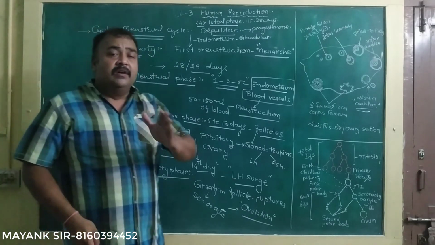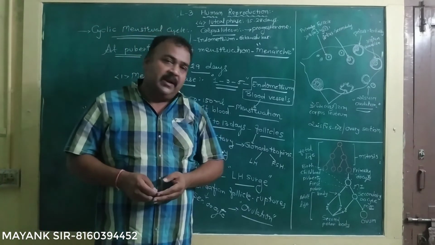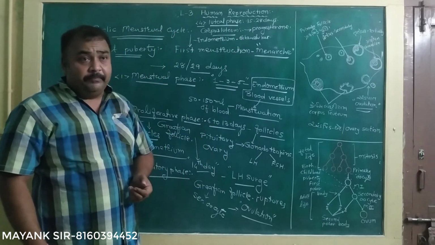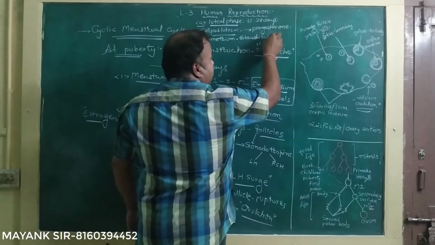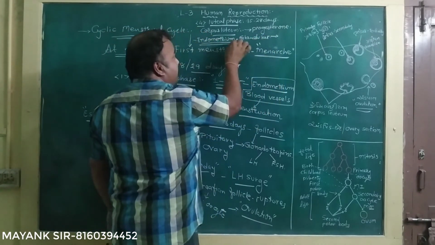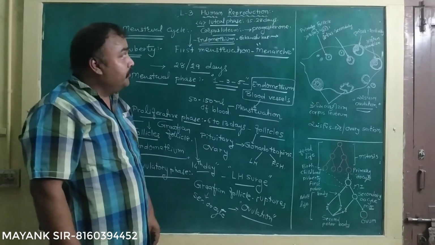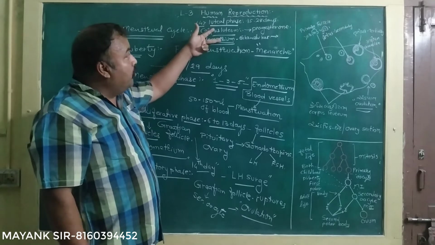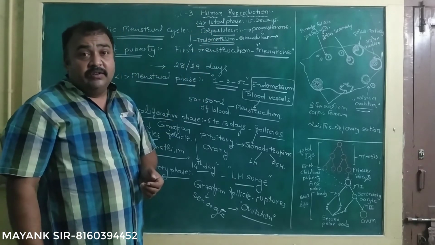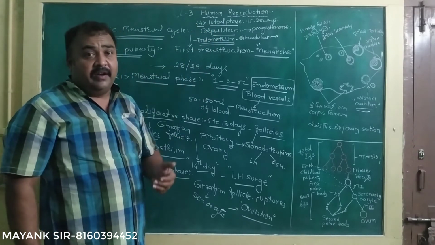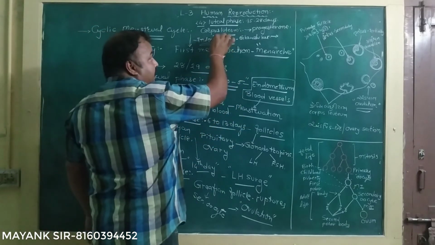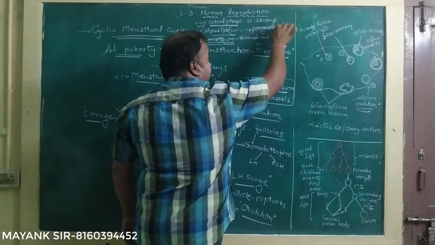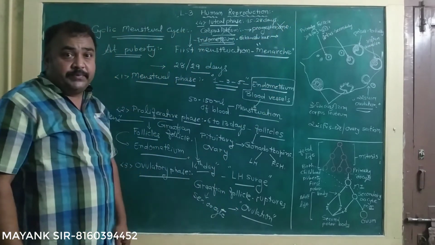But if fertilization does not occur, then what will happen? The endometrium and the corpus luteum both start to disintegrate and degenerate, and the secretion of progesterone stops.